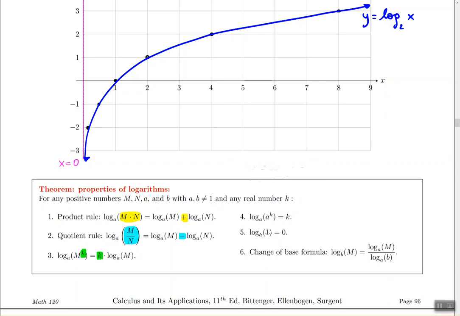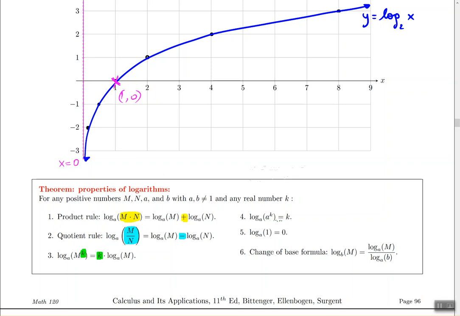These two are useful because they tell me the log of 1 is always 0. In other words, the graph will always pass through the x-axis at the point (1, 0). That's one of the rules. The other final rule written here says if you have log base a of a to the k, the answer is going to be k.